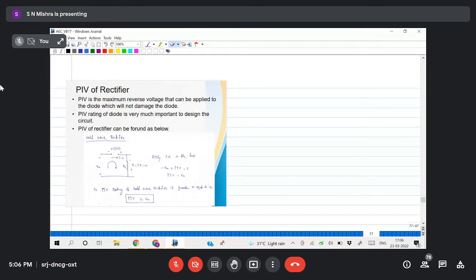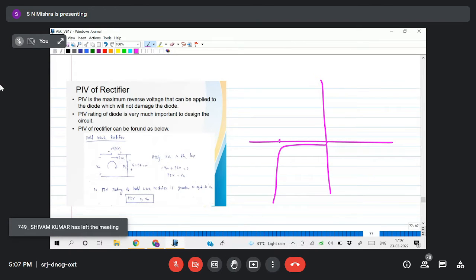So PIV means, if you remember, we have discussed in diode characteristics. If you take the diode characteristic like this, reverse bias, this is your breakdown voltage. That means the point after which a huge amount of current will flow, and this region is the breakdown region, right? So we cannot control the current through it, so the diode can break.